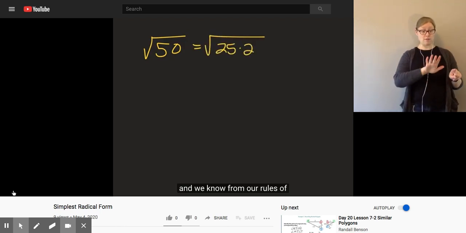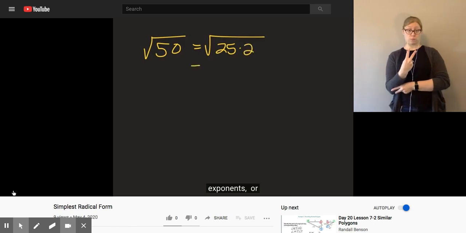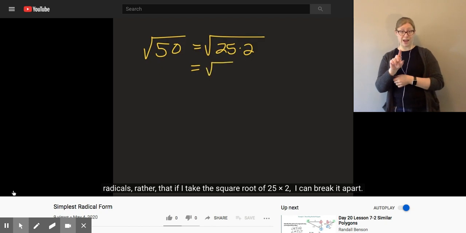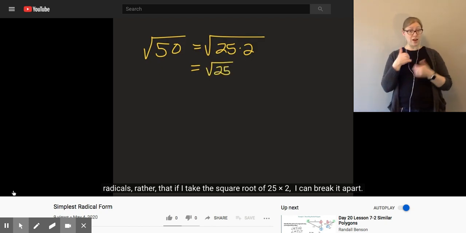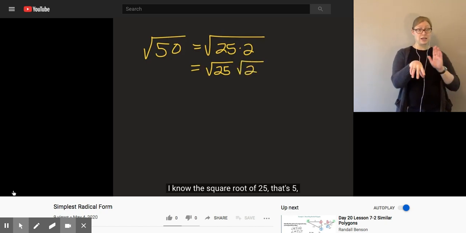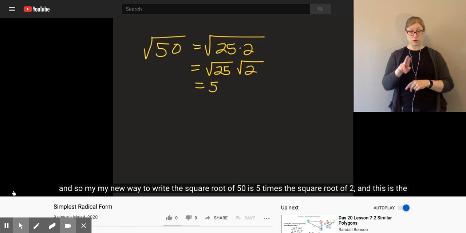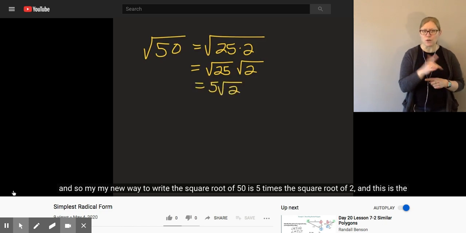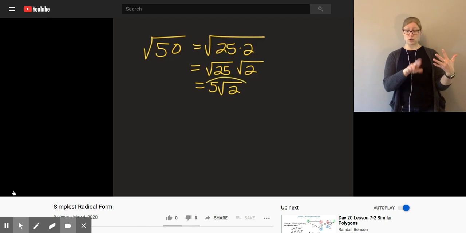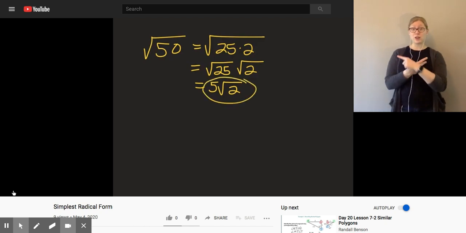And we know from our rules of exponents, or radicals rather, that if I take the square root of 25 times 2, I can break it apart. And so this will be the square root of 25 times the square root of 2. I know the square root of 25, that's 5. And so my new way to write the square root of 50 is 5 times the square root of 2. And this is the simplified form.